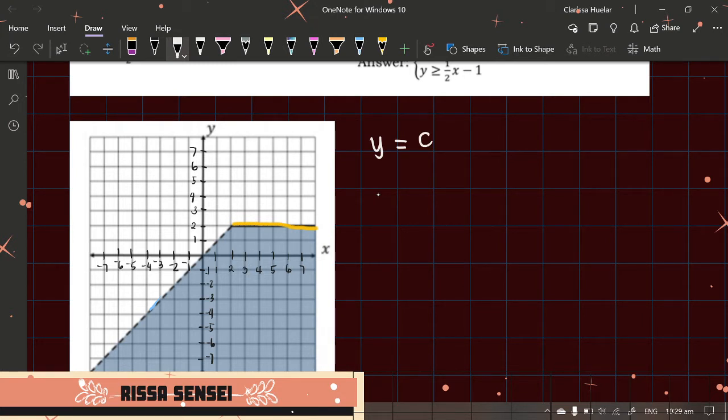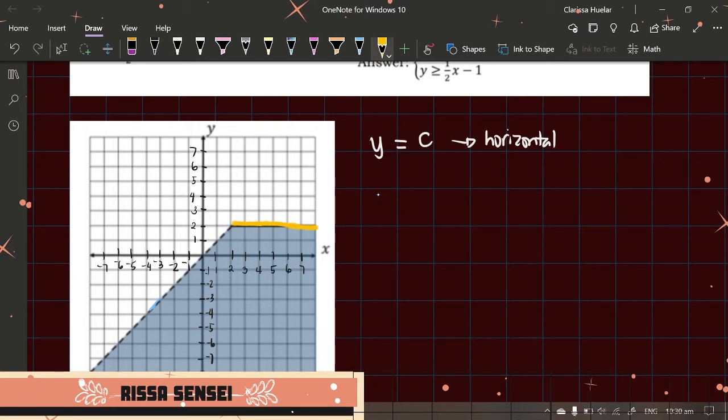Again, kapag horizontal yung ating line, doon sa ating Cartesian plane, laging y equals kung ano yung tatamaan niyang number. So, this is a horizontal line and it's a solid line.